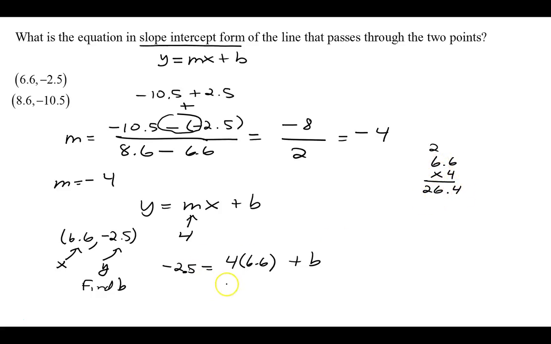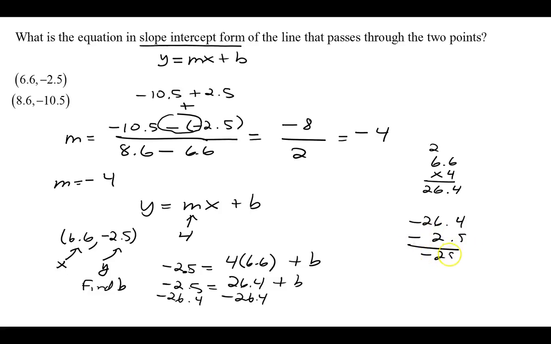And then we subtract that over. We have negative 2.5 equals negative 26.4 plus the b. So we subtract over 26.4. If you have a negative 26.4 and you have a negative 2.5, together they give you a negative 28.9. That's what b is.